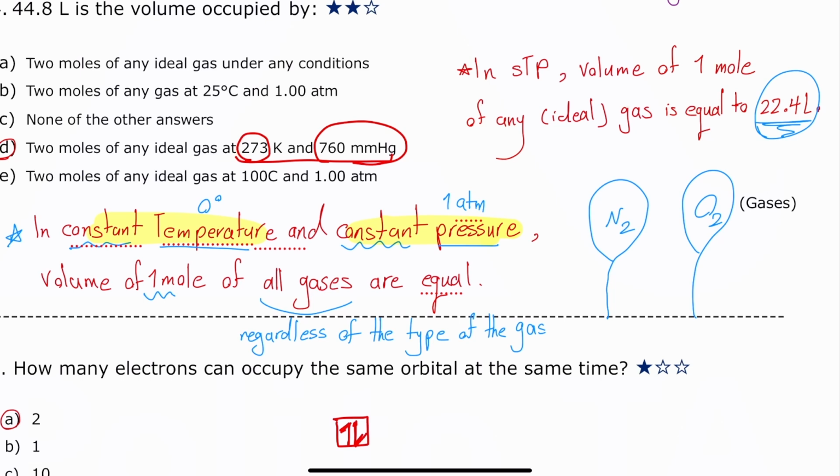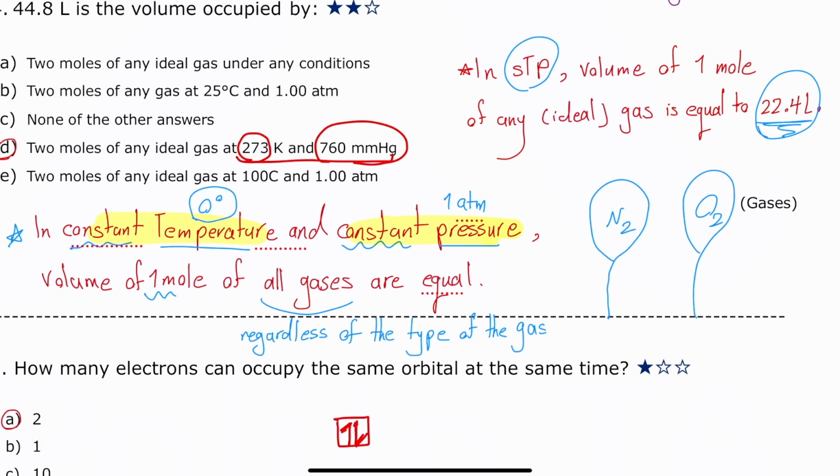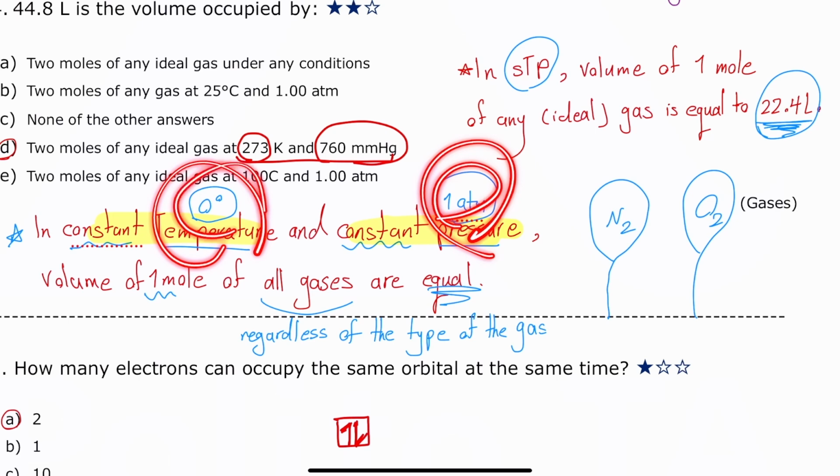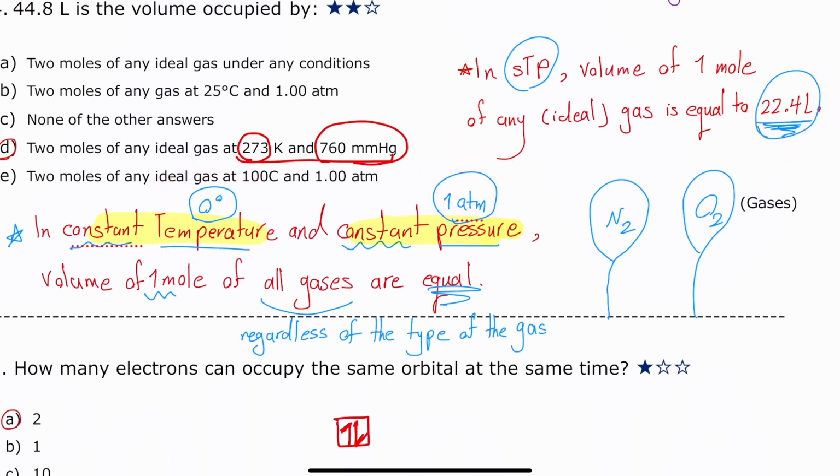So in STP condition, which is the condition I just stated, 0 degrees Celsius and 1 atmosphere pressure, this volume equals 22.4 liters. So the volumes of all gases, regardless of the type of the gas, are equal, and if we put the temperature and pressure at these numbers, it equals 22.4 liters.